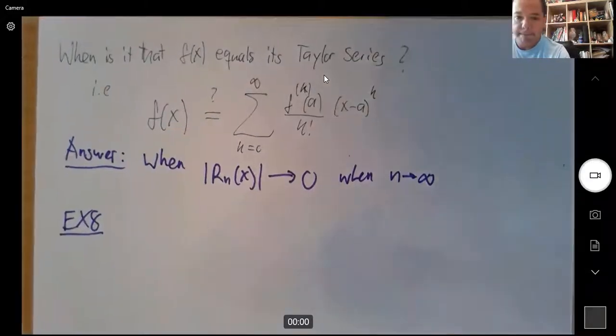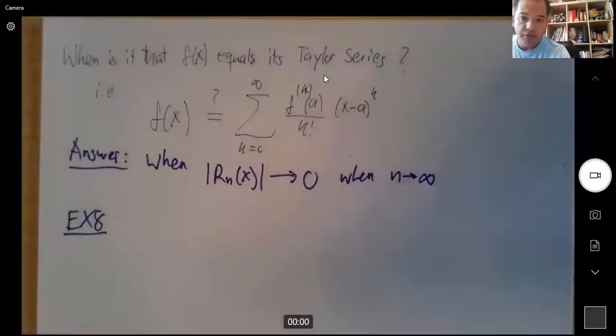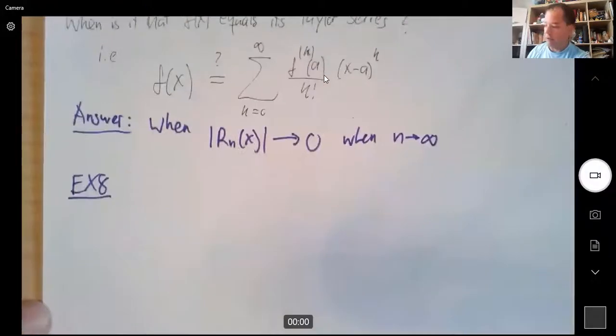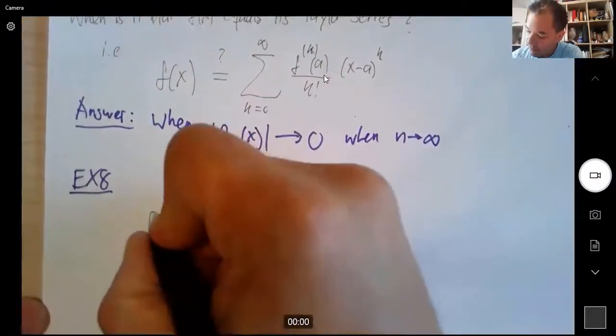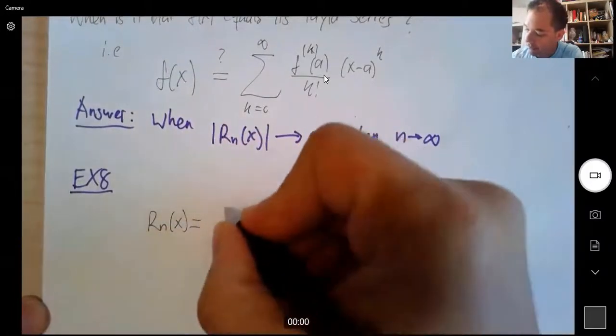Well, we need to write down the expression for the remainder, right? So let's recall that the remainder is given by the following expression.